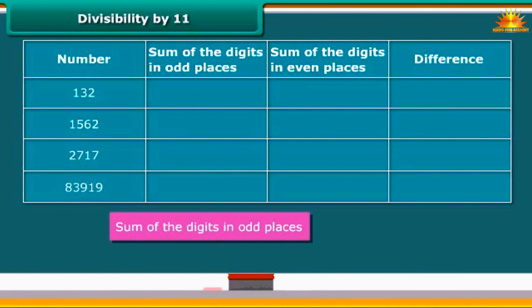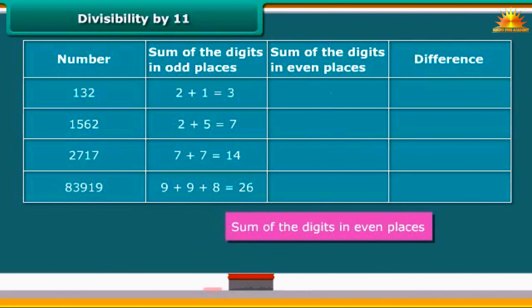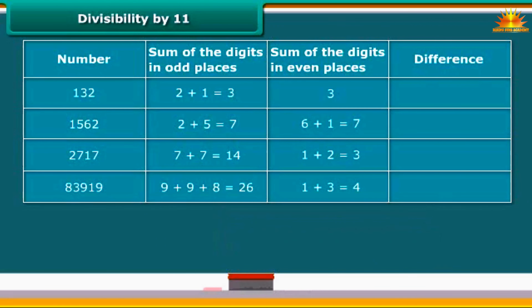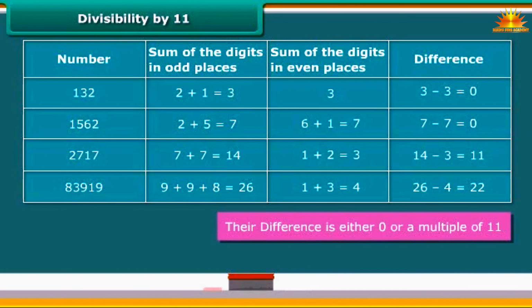Consider the sum of the digits of these numbers in the odd places, starting from the ones place. Likewise, consider the sum of the remaining digits, or the digits in the even places. Compute the difference between the two sums just obtained. The difference is either 0 or a multiple of 11.